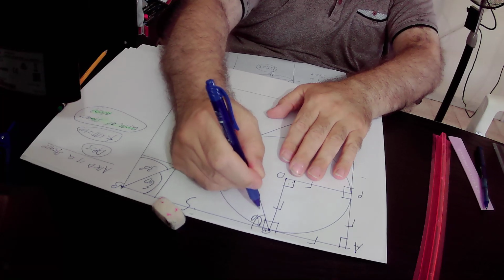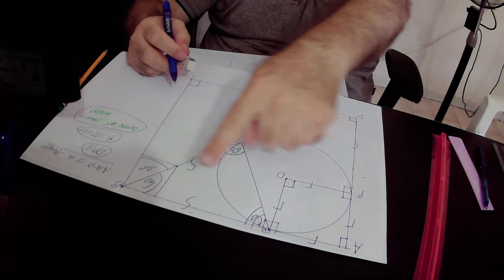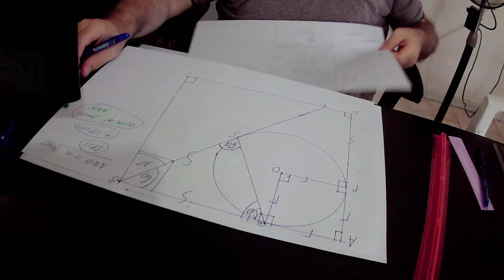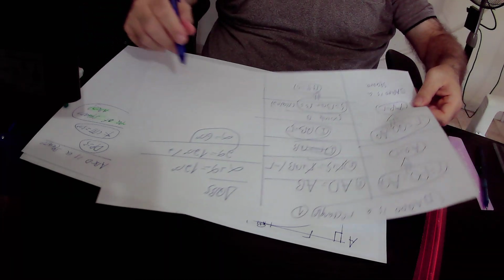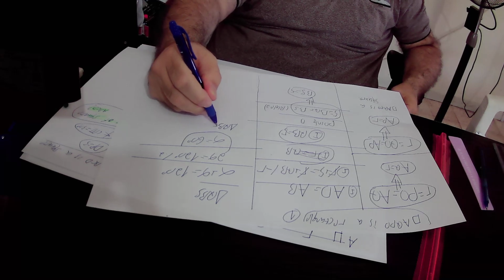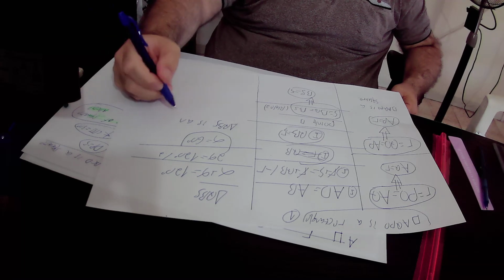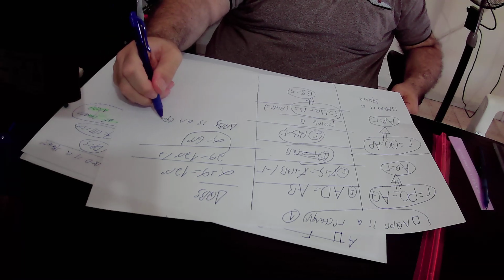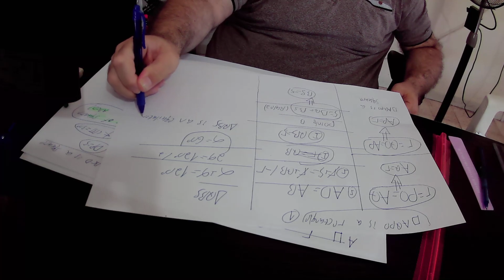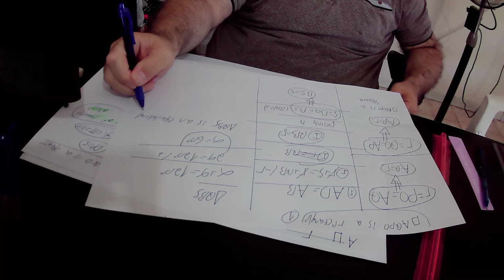So actually, inside triangle QSB, we have 3 angles that are all equal to 60 degrees. Therefore, triangle QBS is an equilateral triangle, because all of its angles are equal to 60 degrees.